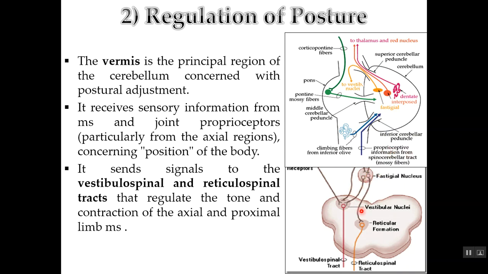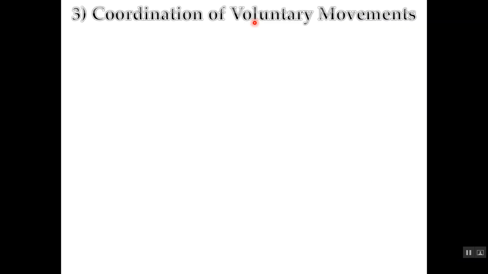From the fastigial nucleus, it sends signals to the reticular formation and the vestibular nuclei, from which the reticulospinal and the vestibulospinal tracts originate to regulate the activity of what? Of the axial and the proximal limb muscles, to maintain your position or your posture during what? During resting conditions. Again, this is the function of the vermis.